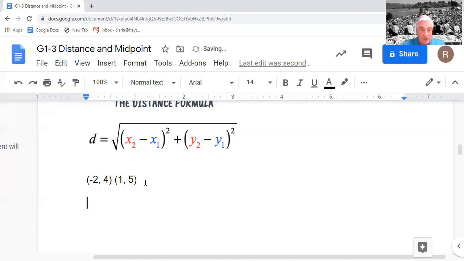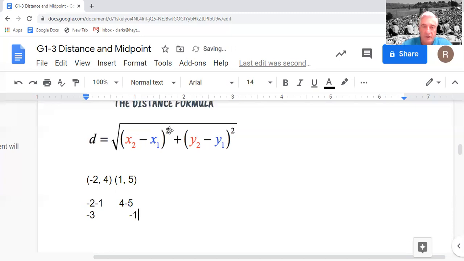That's the first one. We're going to subtract them. Minus 2 minus 1. We're going to take the two y's and subtract them. That would be 4 minus 5. Now, minus 2 and minus 1 is minus 3, negative 3. 4 subtract 5 is negative 1.